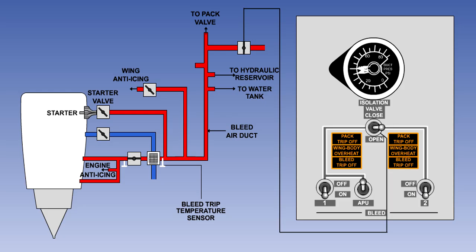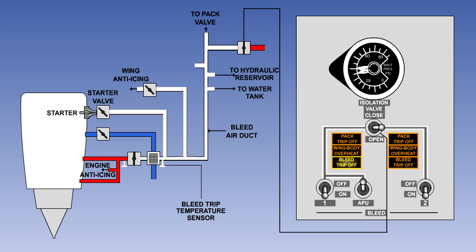If the temperature of the air downstream of the bleed air valve becomes excessive, the valve will automatically close. A warning light in the cockpit, which is monitoring the system for both excessive temperature and pressure, will come on. Excessive pressure in the system can be caused by failure of the high-pressure shutoff valve to close when required.